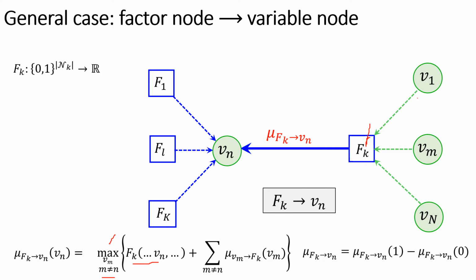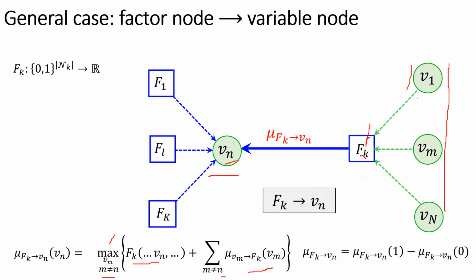So we are looking at the message that this factor node fk sends to Vn, and this summation is the sum of all incoming messages from the variable nodes to that factor node, excluding n itself.